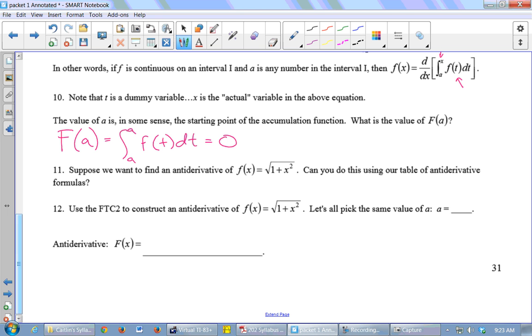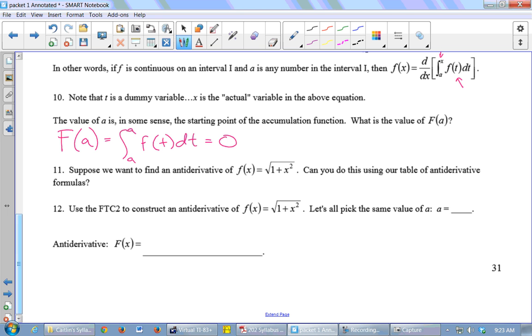No, we have some close ones. We have like 1 over radical 1 plus x squared, but nothing exactly like this. There is no function whose derivative is exactly this. So because there isn't a formula readily available, we can construct an antiderivative using an integral.